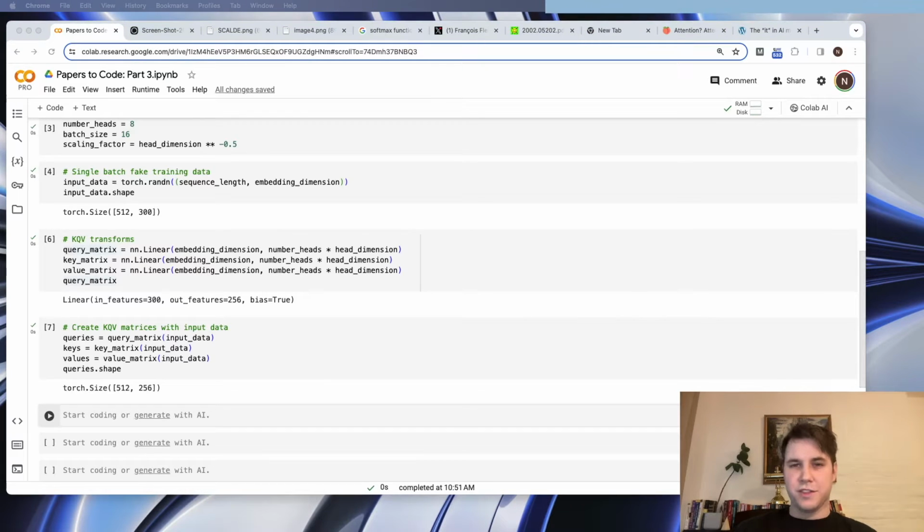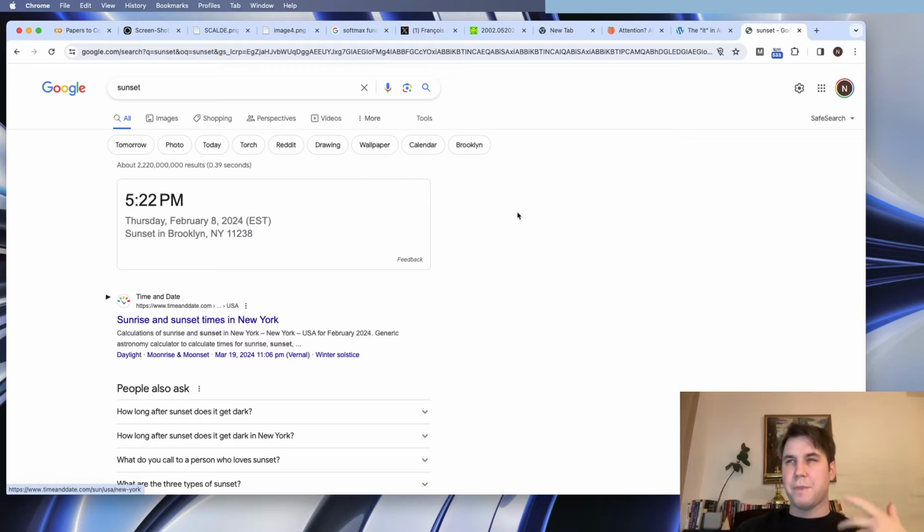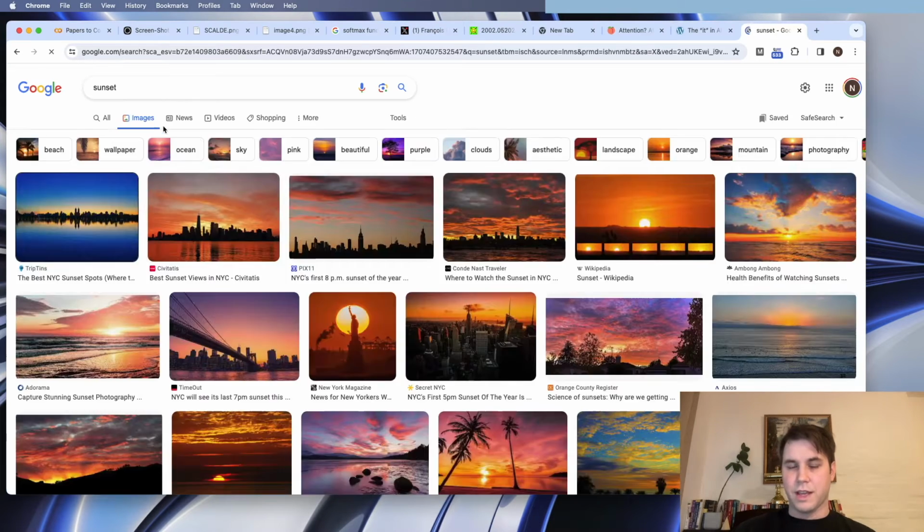A great question to have at this point is, what are query key and value? So these terms are actually from database terminology, where, for example, we have a query, and let's call it sunset. So we are looking for pictures of sunsets. So we want to match our text query against some database, and of course these database items that we're interested in are images. And so how do we match text against the values in this case, which are images?